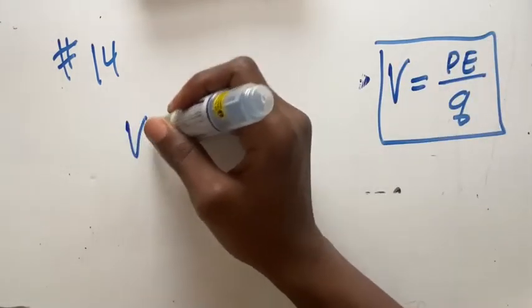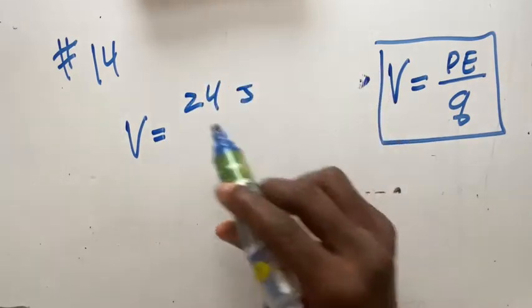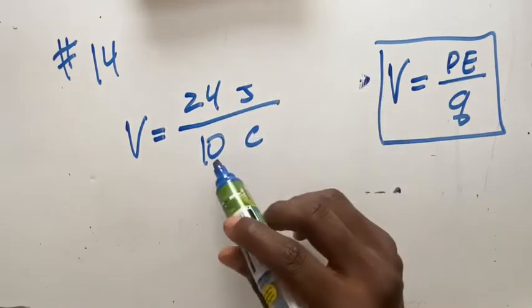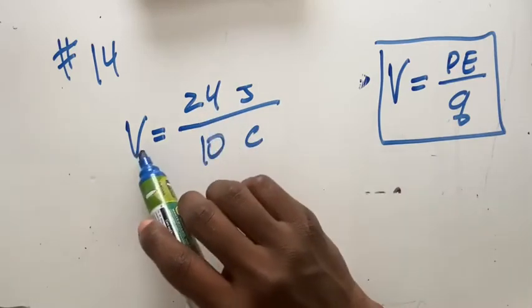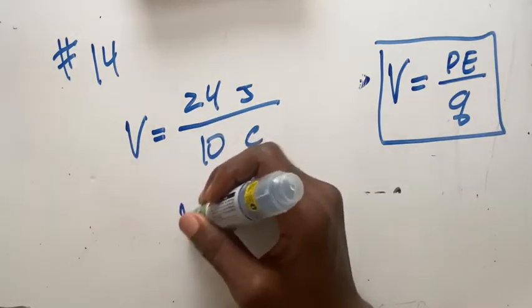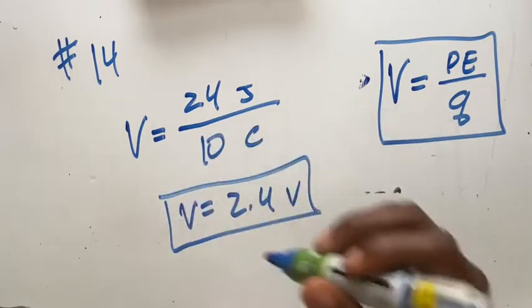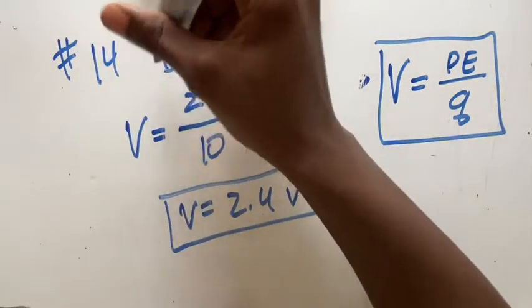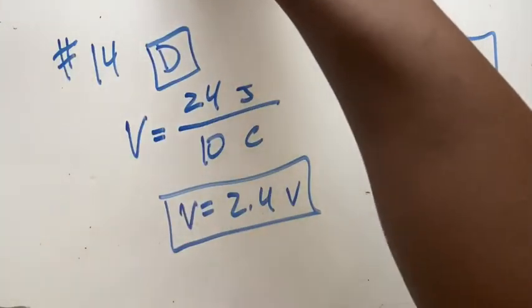So the voltage is going to be equal to 24 joules, because that's the energy, divided by 10 coulombs, because that's the charge. So we can just divide these two to give us the voltage. And the voltage is going to be 2.4 volts. So 14 is going to be D. All right, 15.